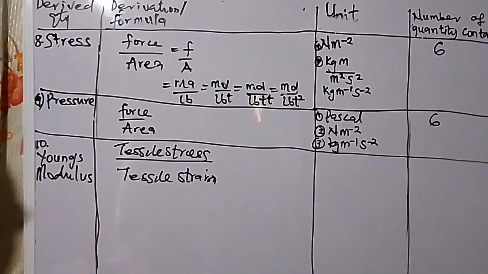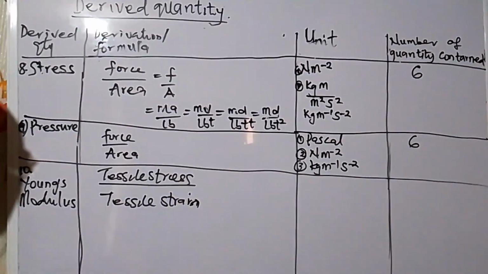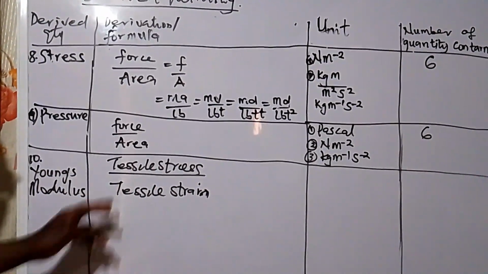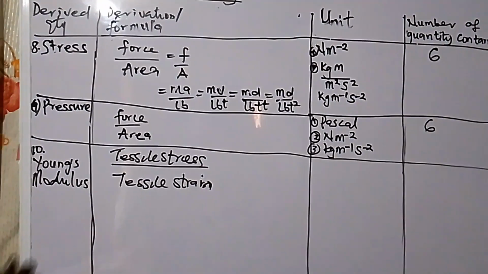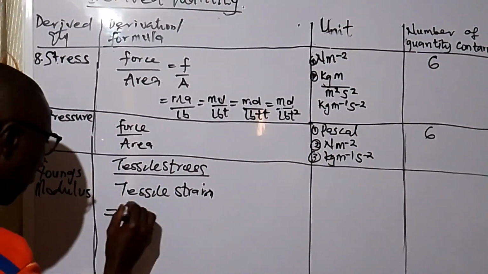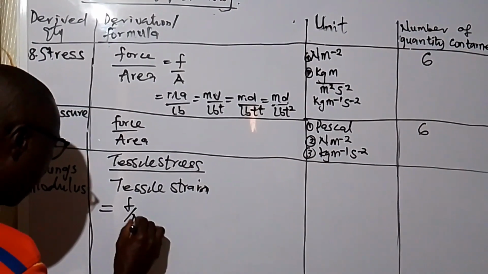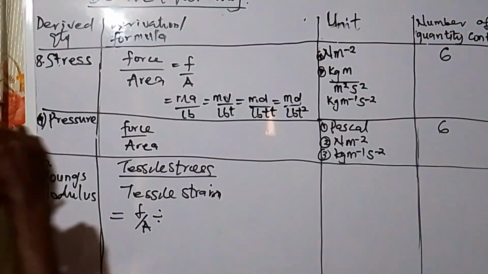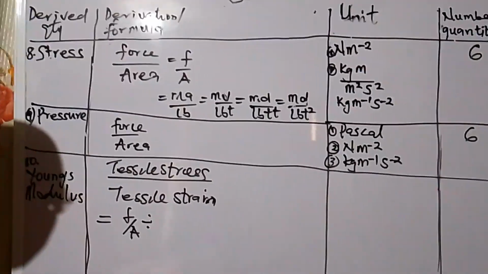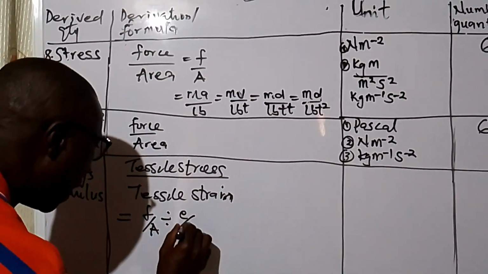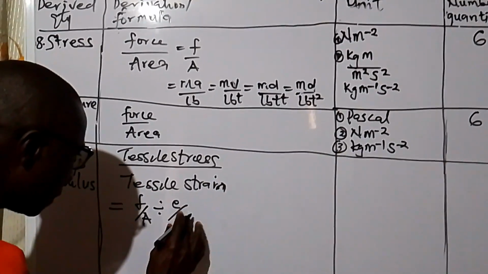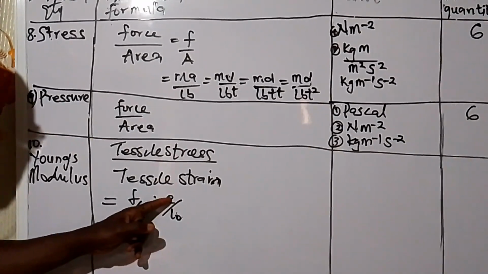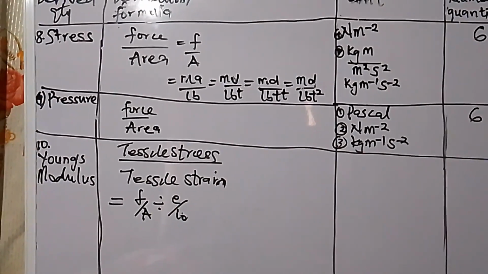Now, don't forget, what we call tensile stress here is the same thing as stress. The formula for tensile stress is force over area. But for strain, the formula is extension over original length, or you call it new length over original length, E over L naught.